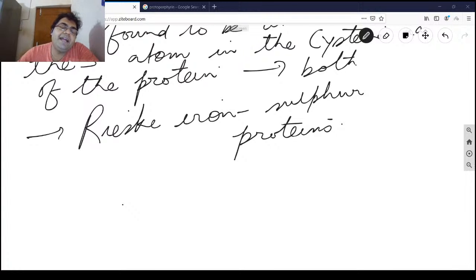Here one Fe atom you can think of is coordinated to two histidine residues rather than two cysteine residues. Okay.